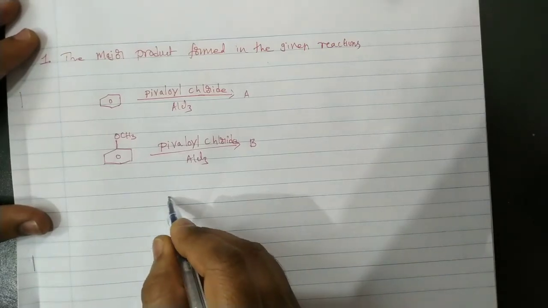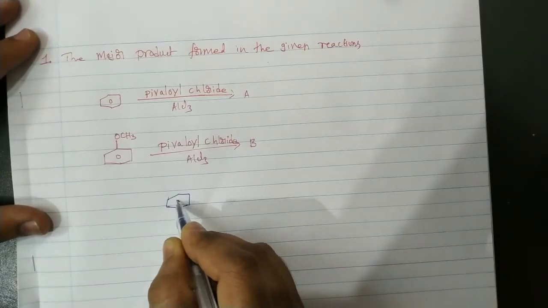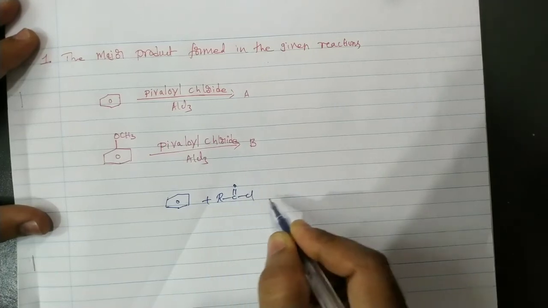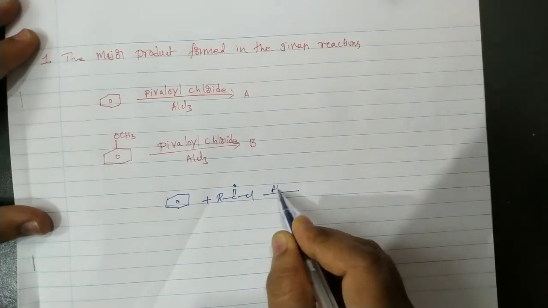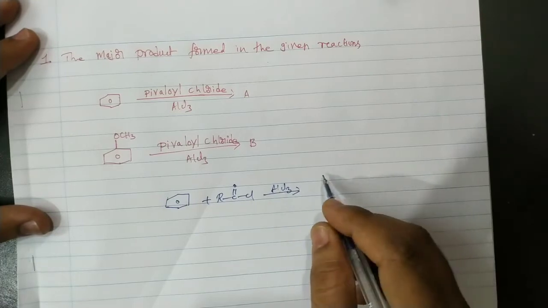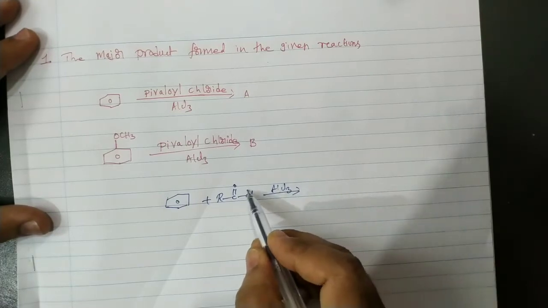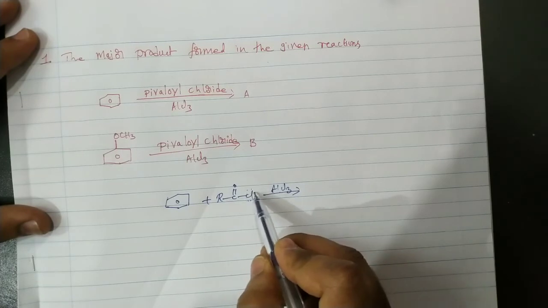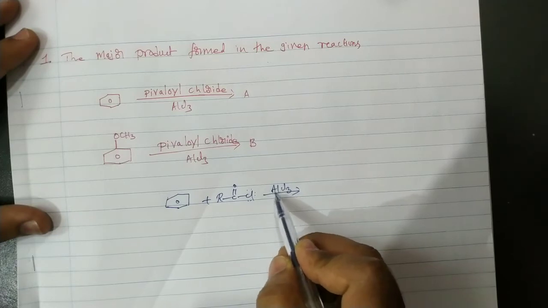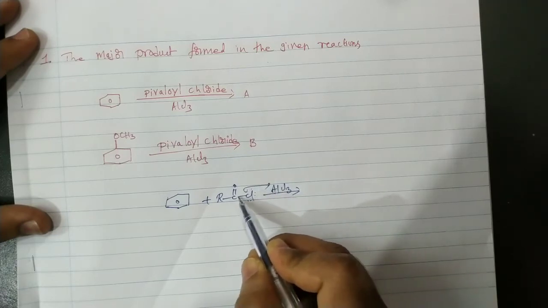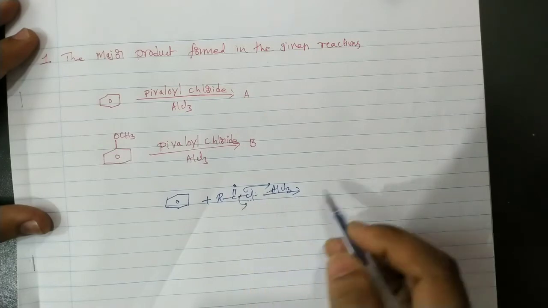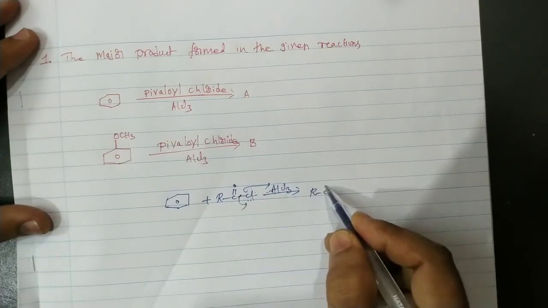Here benzene reacts with the acid halide in the presence of an anhydrous Lewis acid, suppose AlCl3. By bond formation between the non-bonding electrons from the chlorine and the vacant orbitals of the aluminum, the bond between aluminum and chlorine becomes weaker and completely breaks down.